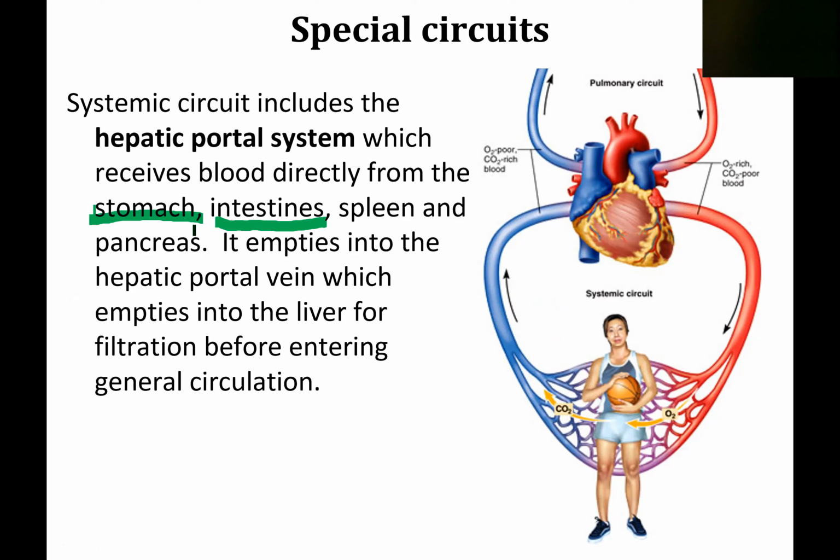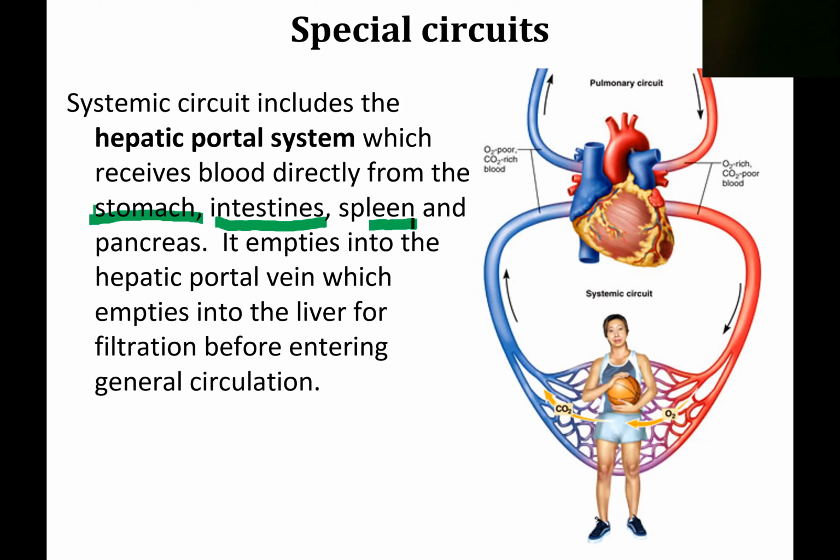So the materials that we consume and have broken down are going to enter the hepatic portal system to go into the liver to be filtered out, so that the liver can deal with those materials, reconfigure them, and dump them into the bloodstream so we can use them in the cells of the body.